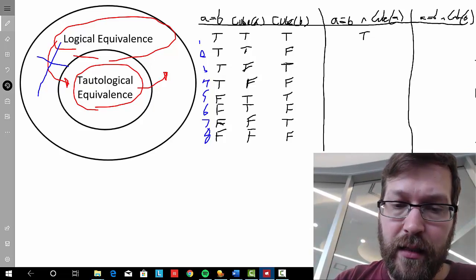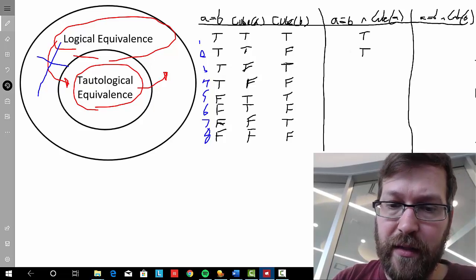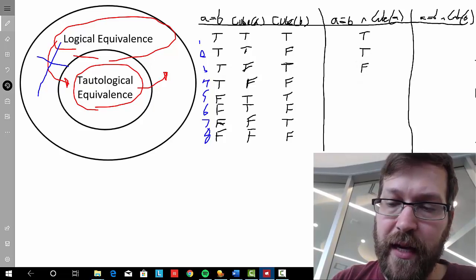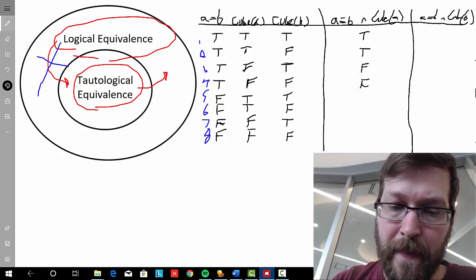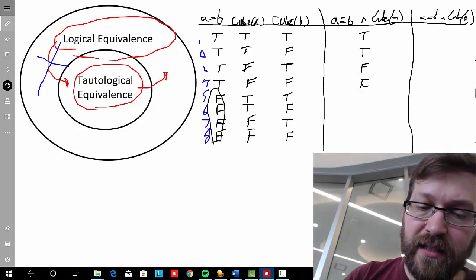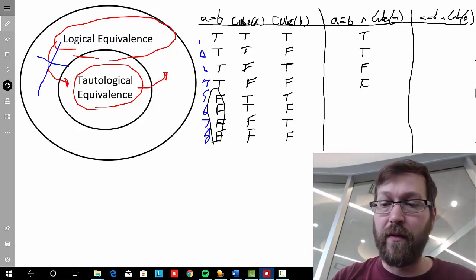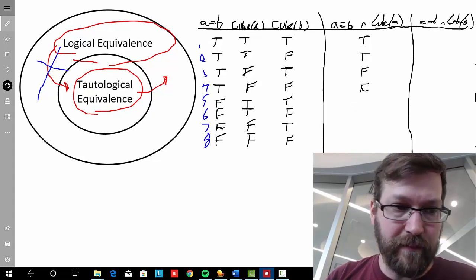Again, in 2, both of the conjuncts end up being true, so it ends up being true. But A is a cube is false in the third case, so the conjunction is false. Same with the fourth case. And then for the rest of these cases, since A is identical to B will be false, they're going to be false in all those cases. So for the next 4 cases.